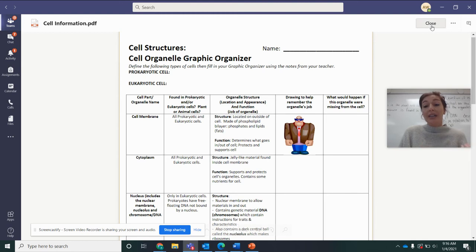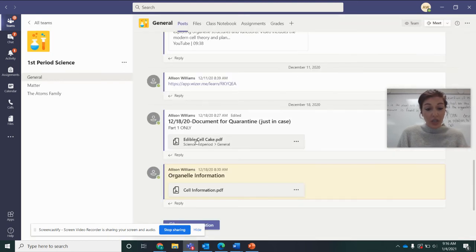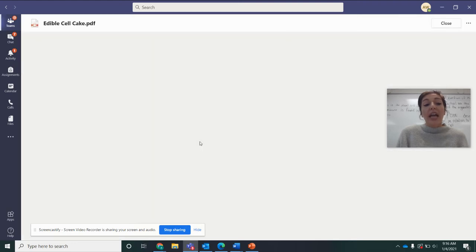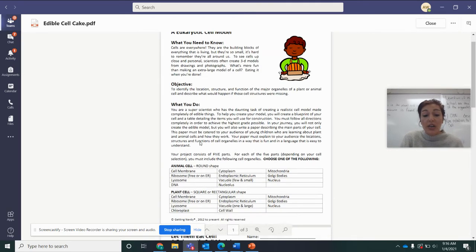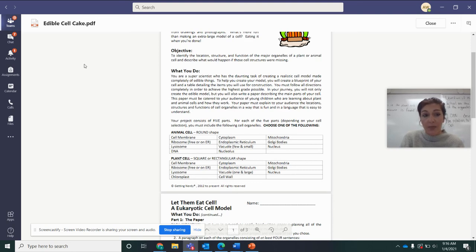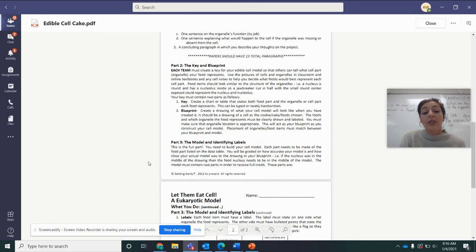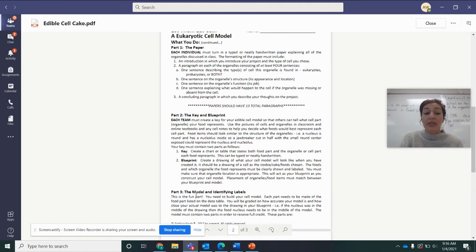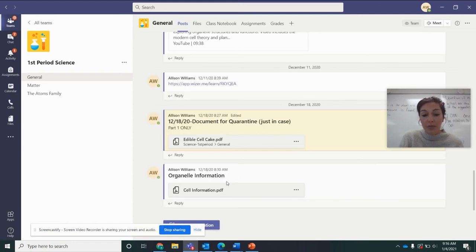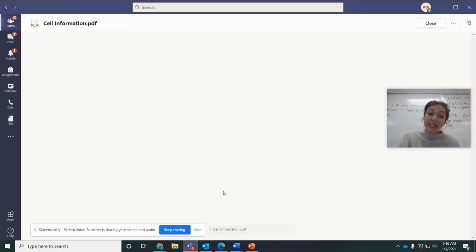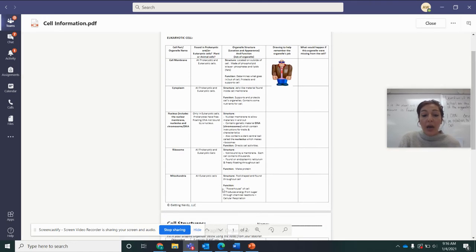Then I would go to my next organelle. So I would go back to that first document that I showed you, and I'm flipping back and forth, and I would look at my next organelle, which says ribosome. Once again, I'm going to do the same thing. An animal cell also has a ribosome or ribosomes. I'm going to go back to this document and look at what type of cell it's in.